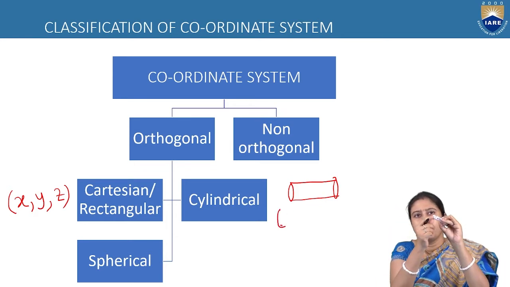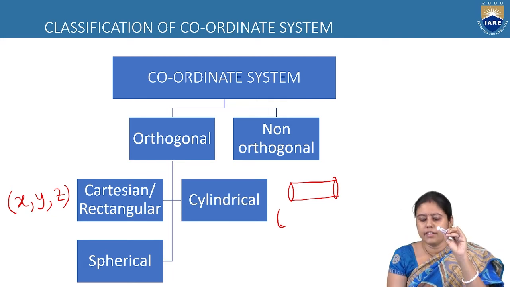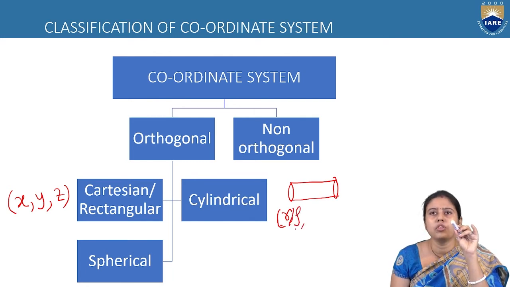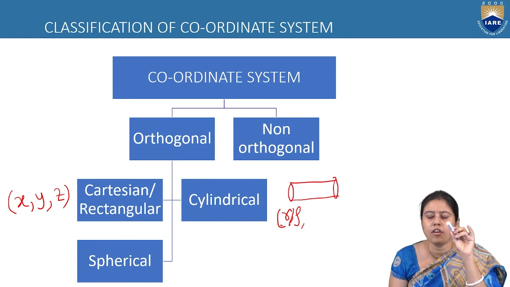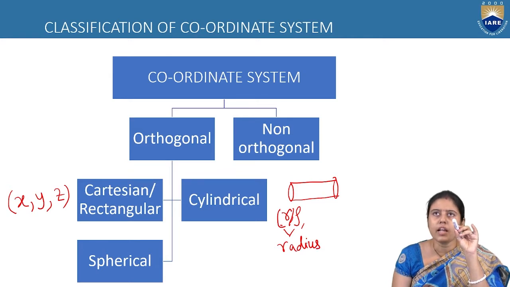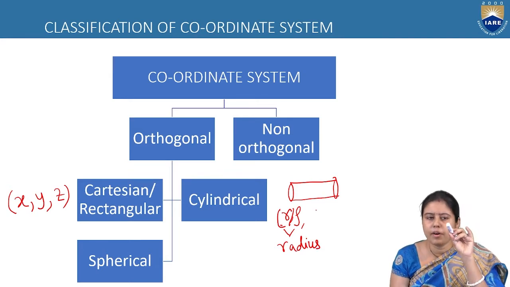If we think of the radius of the cylinder, it can be written as R, or sometimes as rho. We can use either nomenclature, which is basically the radius. Then we can think about the angle.